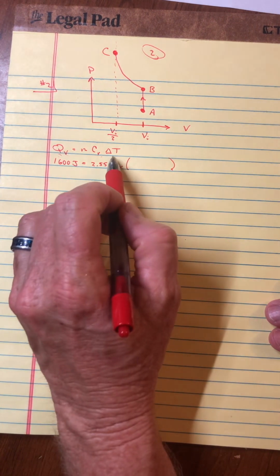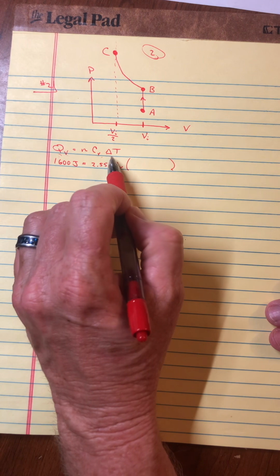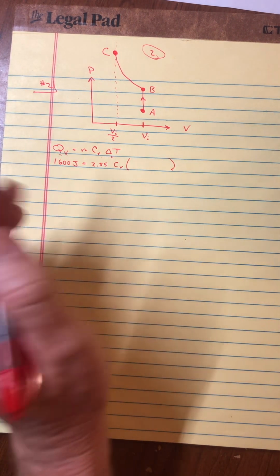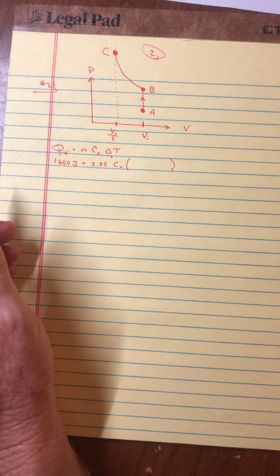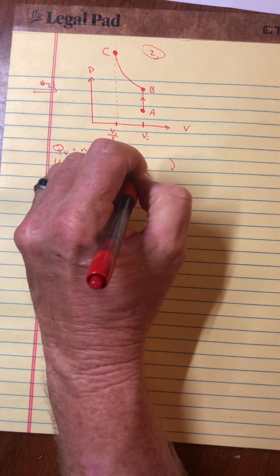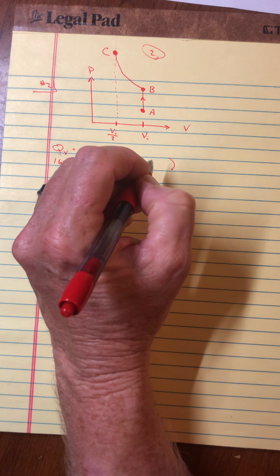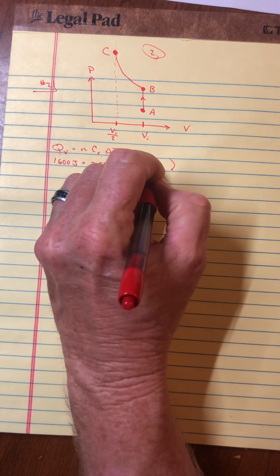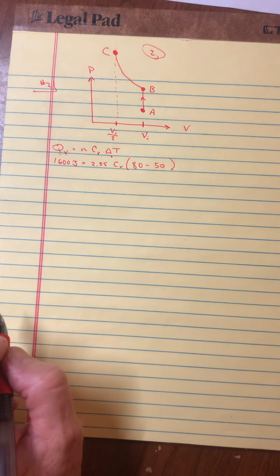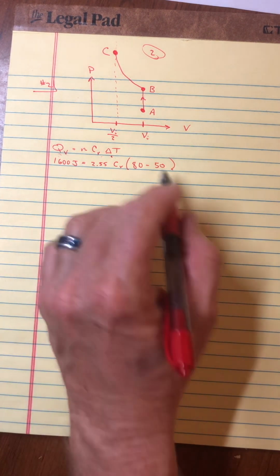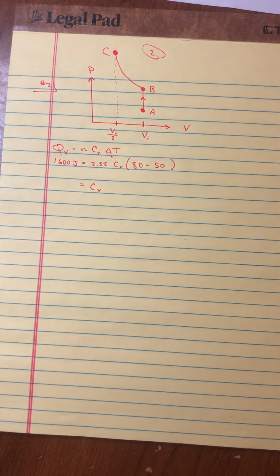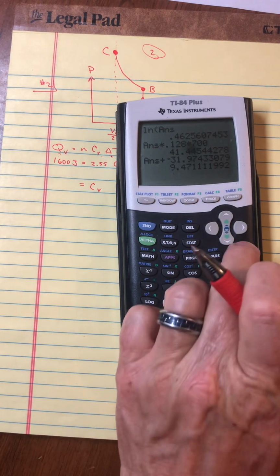Now, I paused for a moment because my delta T here gets me back to what I said before. Do I want to do this in Celsius or in Kelvin? Either way is the same, and so why don't I just do the Celsius, since they give me a final of 80 and an initial of 50. And so the change is 30. And that will allow me to find CV.